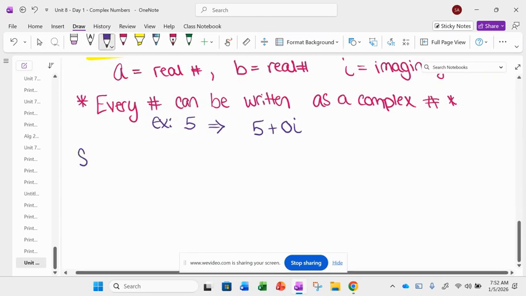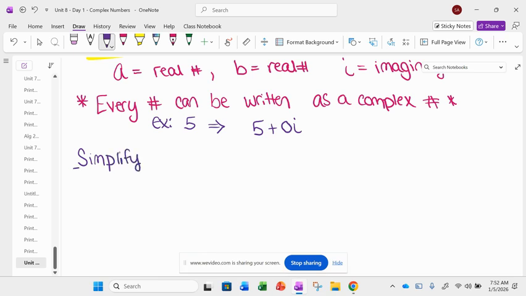Okay, let's simplify. I want us to simplify, and then once it's in complex form, I want us to identify a and b. So if I have negative 3 plus the square root of negative 4, do we all agree this becomes negative 3 plus 2i?